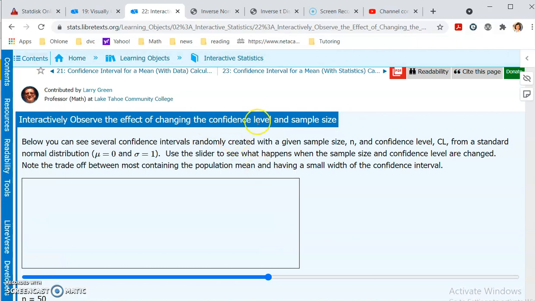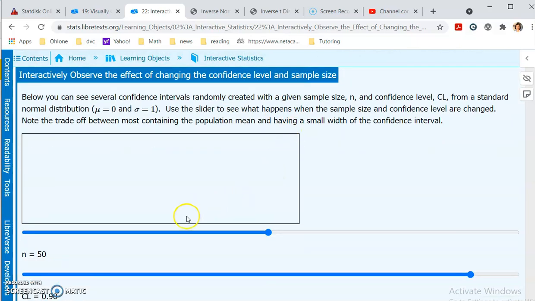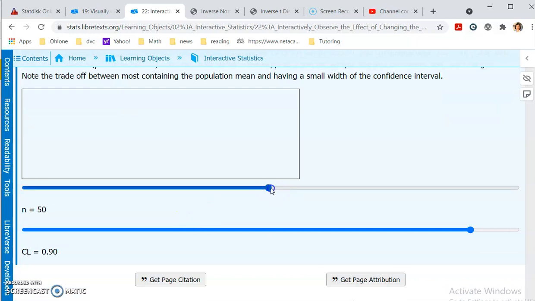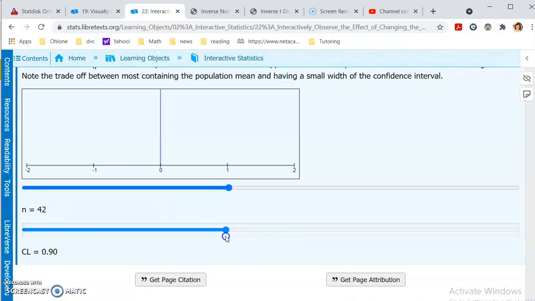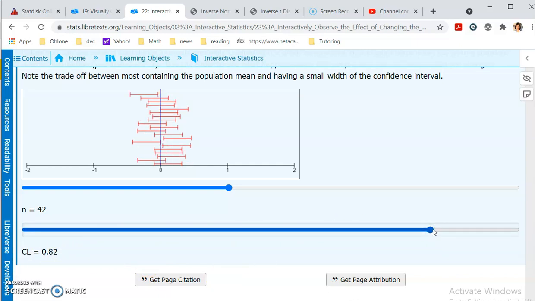So right now, how does this work? Oh, okay. So if you change your confidence level, the confidence level is 63, which is too low.